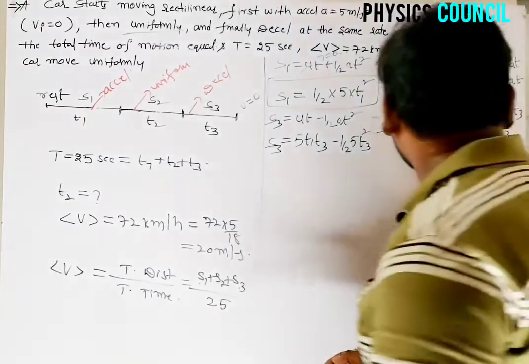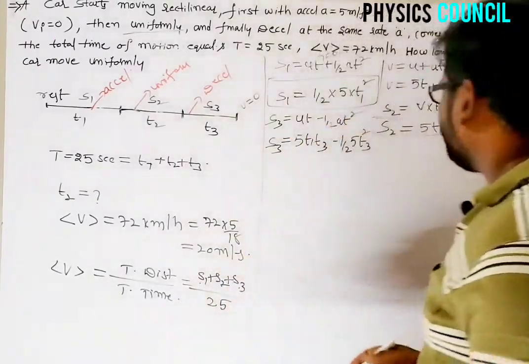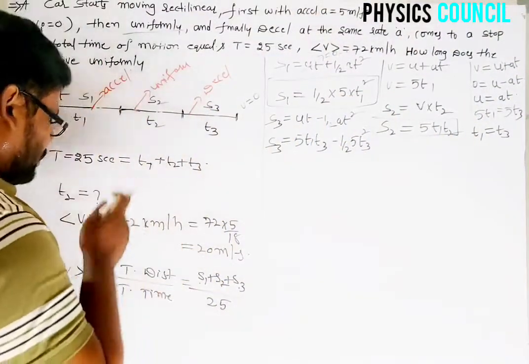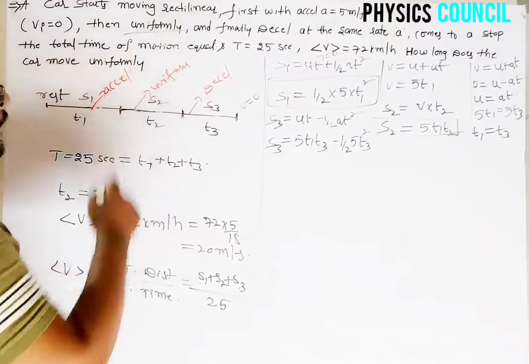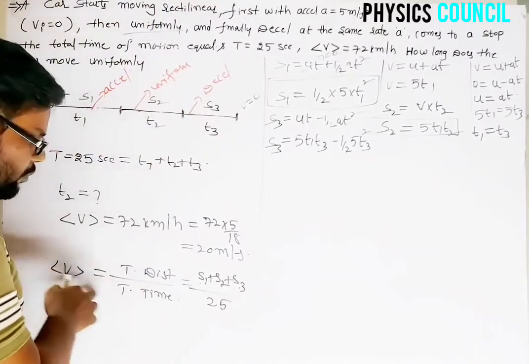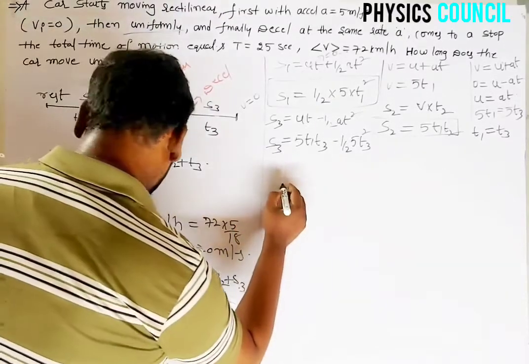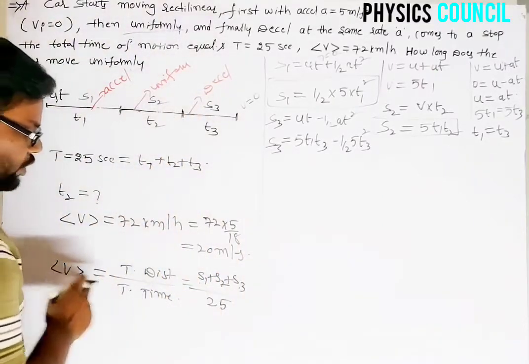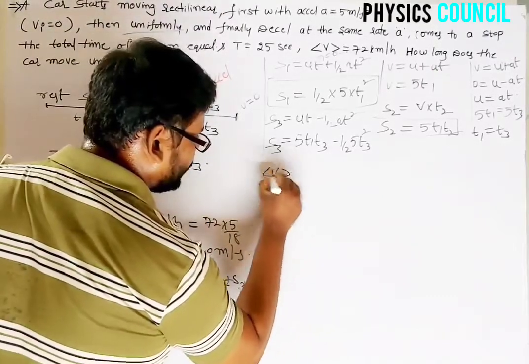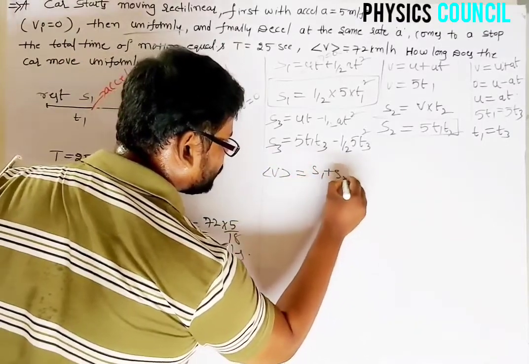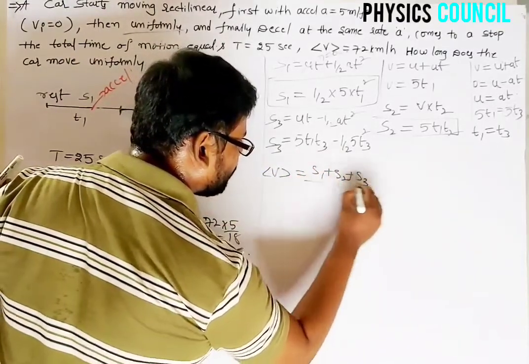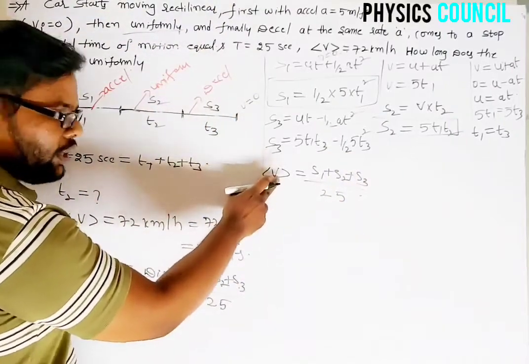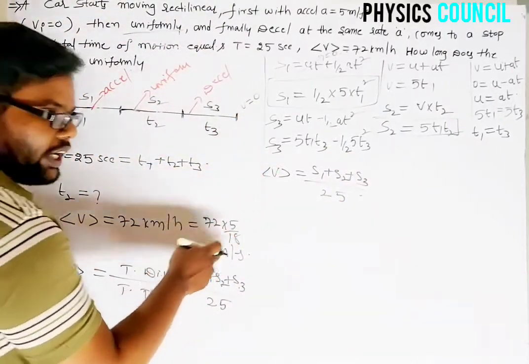So now, to find that time, we need to write this formula again. So v is equal to (s1 plus s2 plus s3) by 25 seconds, and here v is 20 meters per second, already we got it.